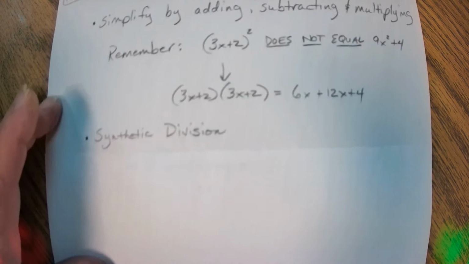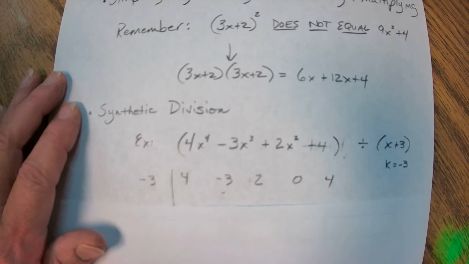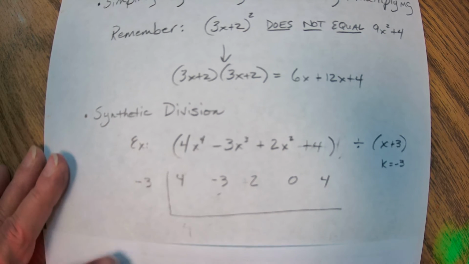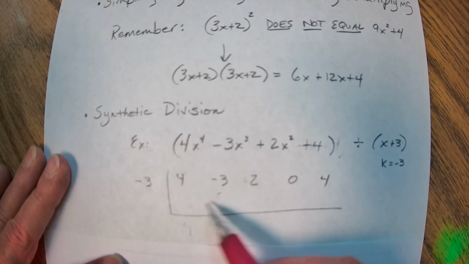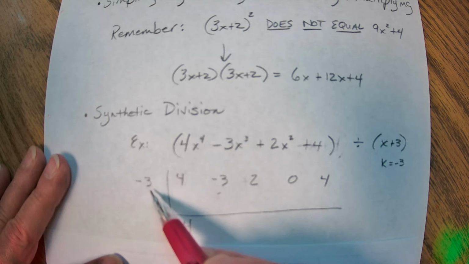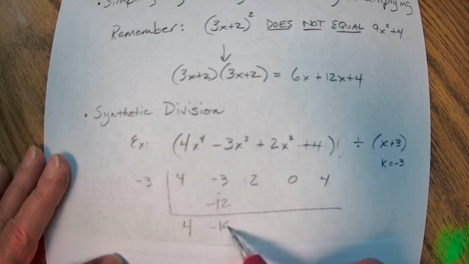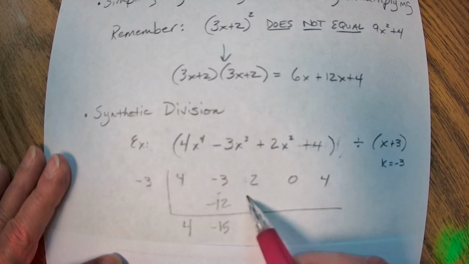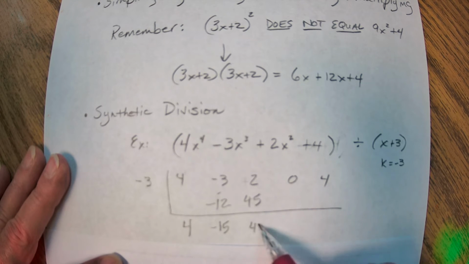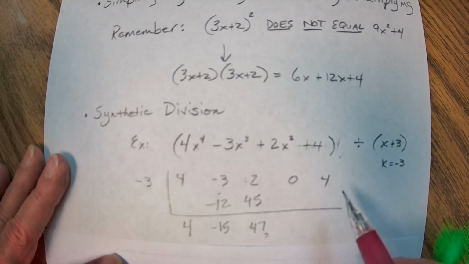You need to be able to do synthetic division. Let's just go ahead and do this problem as a review. So remember, we just bring this down, multiply those, add those, 45. Yeah, I don't know what 47 times 3 is.